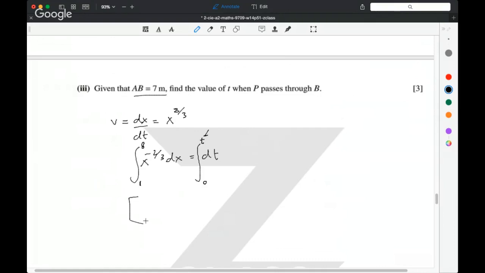So if I integrate this, I'm going to get x to the plus 1/3, and that 1/3 would have come out, so it becomes 3 x to the 1/3, between 1 and 8, and this is just equal to t. So this gives you that t is equal to 3 seconds.